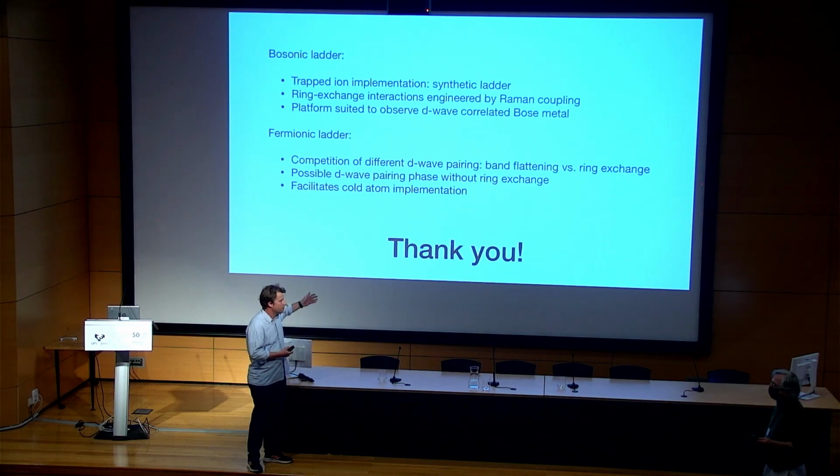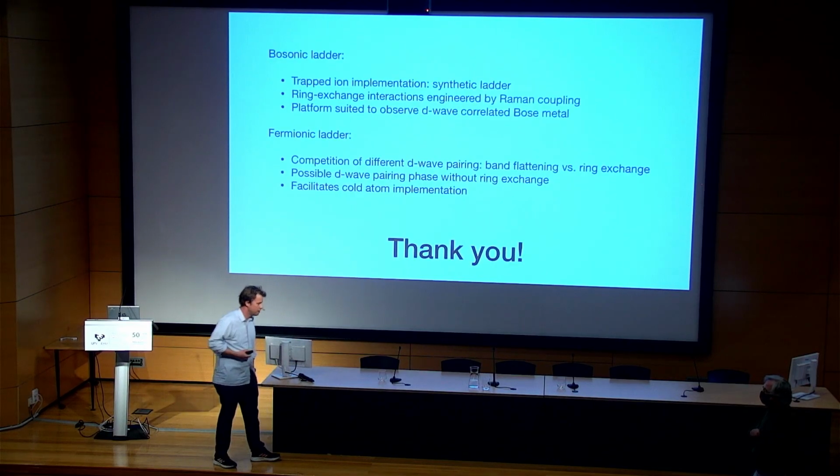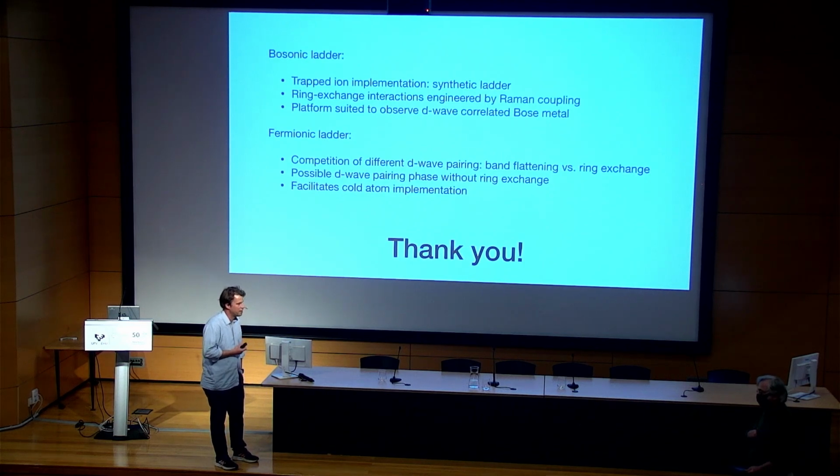Having something which can facilitate the occurrence of such a paired phase in a Fermi-Hubbard system would be welcome, and it looks like flattening the band through this diagonal hopping is a promising route. Of course, if you had a ring exchange interaction, then you could very straightforwardly go there, but that's not something which usually is available.